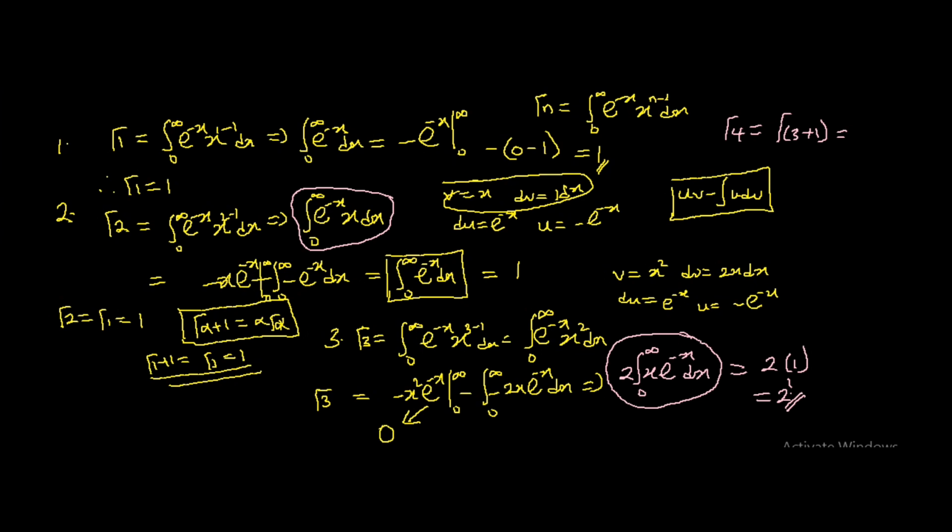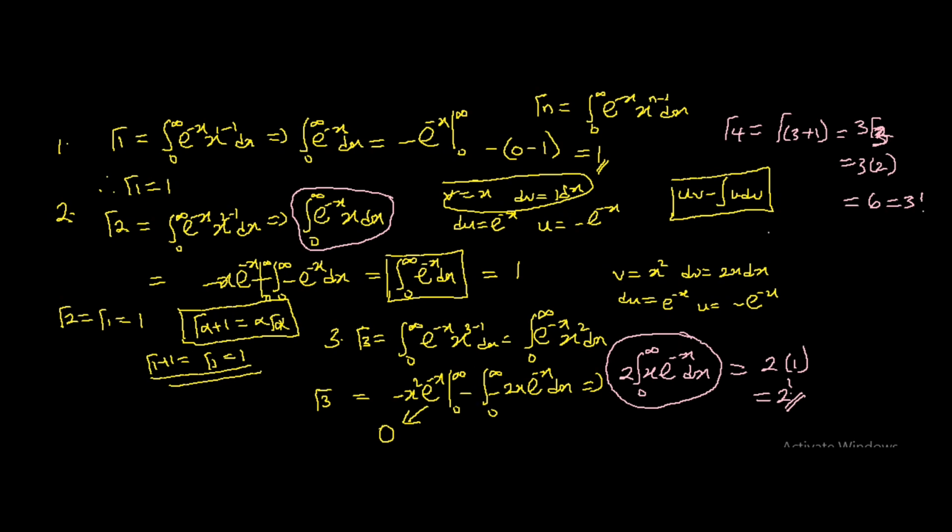This is going to be equal to 3 gamma 3. And gamma 3 is 2. So this is going to be 3 times 2, and this is going to give us 6, which is equal to 3 factorial.